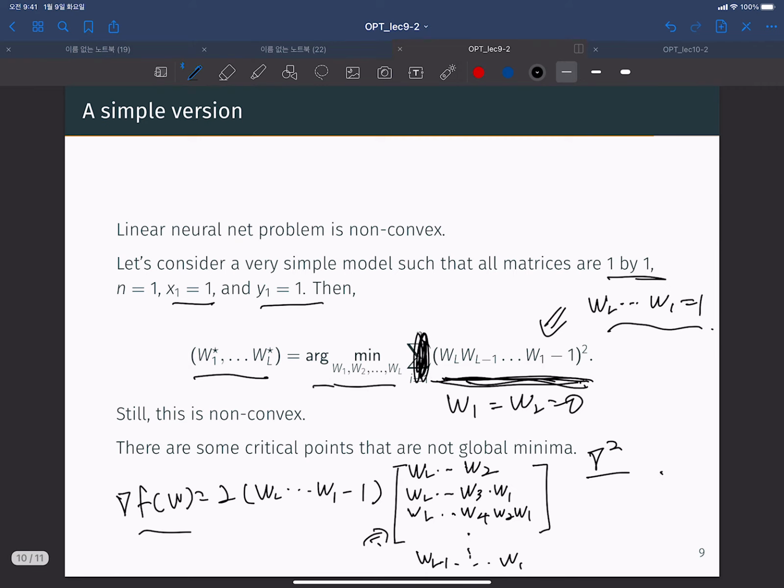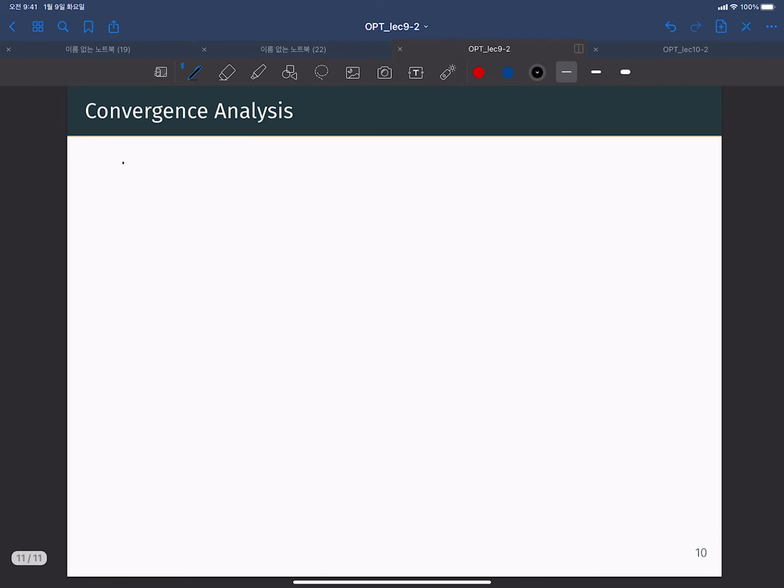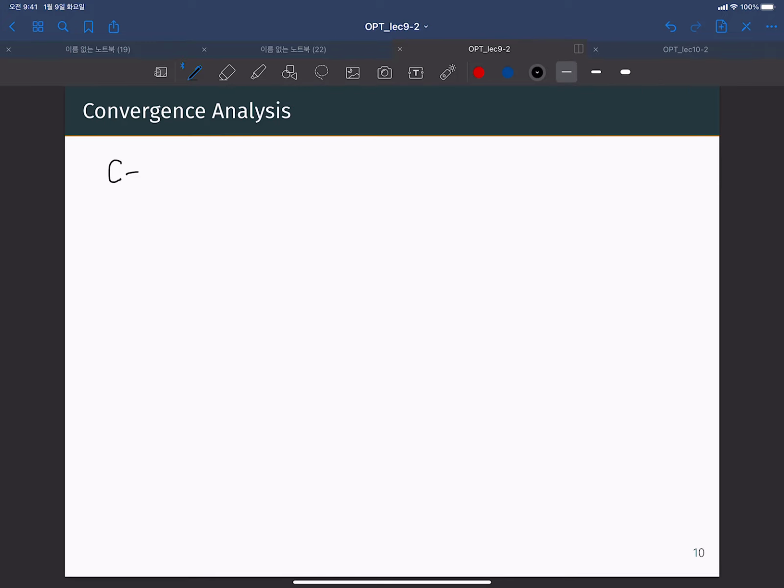Okay, so this is very bad. We want to make the optimization process escape from such bad local minima. Many papers try to explain that from some subset of initial points, the convergence behavior follows a nice path, and we can guarantee something. For instance, in this case, we can explain the convergence behavior using the C-balanced concept.